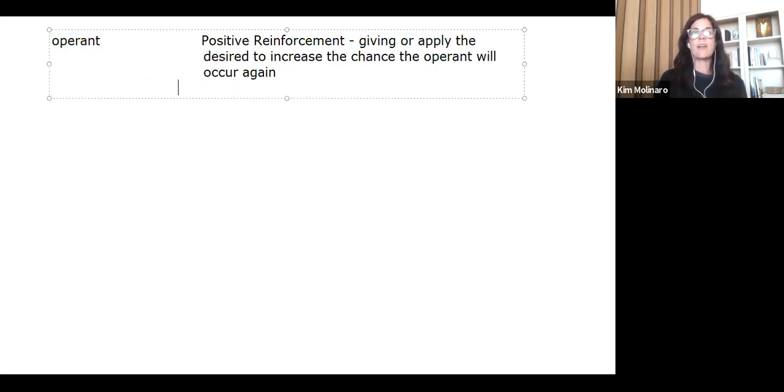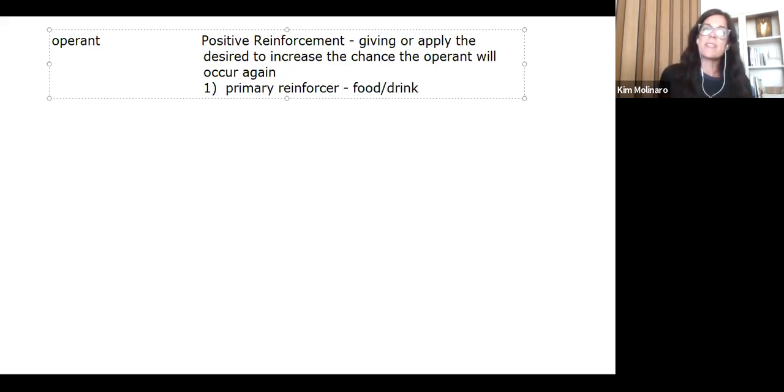And we identified already that there's two types. Primary reinforcer. Primary reinforcers are food and drink. They were coded initially as being a primary reinforcer because there was something necessary for survival, but anything food or drink is coded as a primary reinforcer.